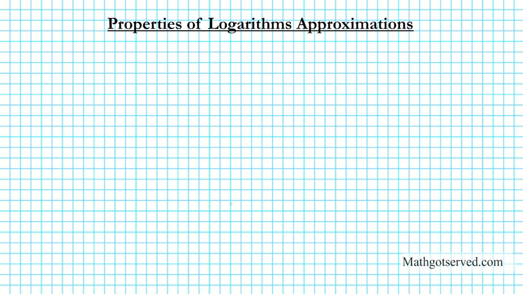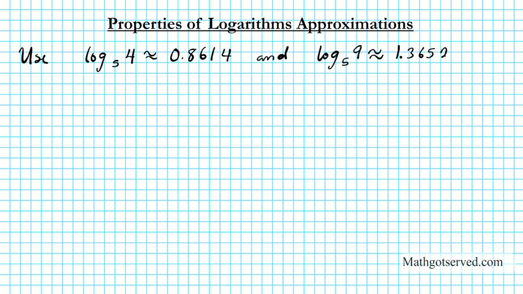Let's write down the instructions for the examples first. Use log of 4 base 5, which is approximately 0.8614, and log of 9 base 5, which is approximately 1.3652, to approximate the value of each expression.